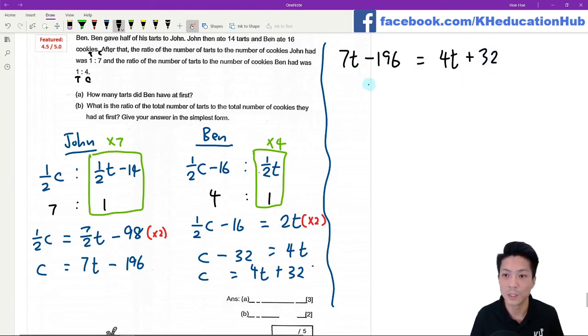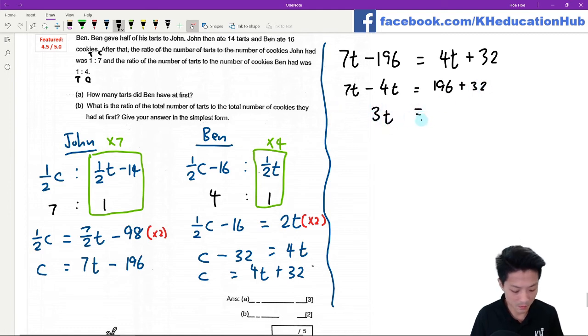If you already know how to solve this, you will know that 7t minus 4t is equal to 196 plus 32. So 3 of the t is equal to 228, which means that the total number of tarts is equal to 76.